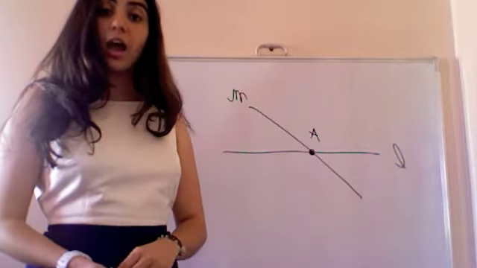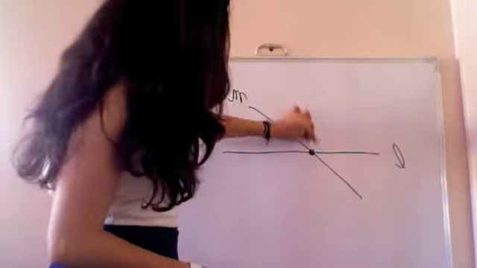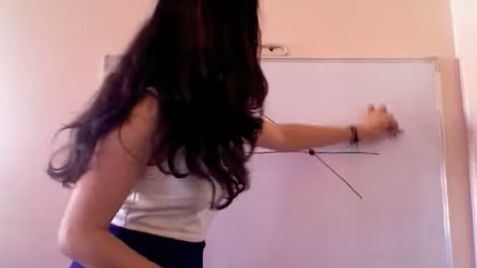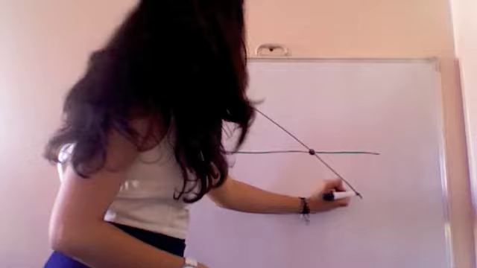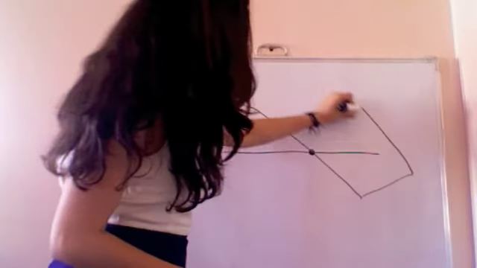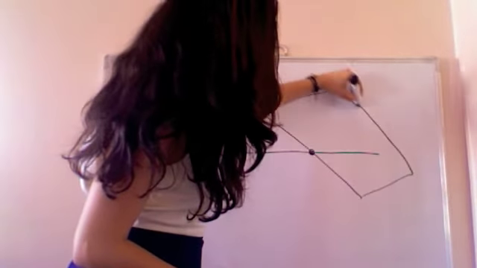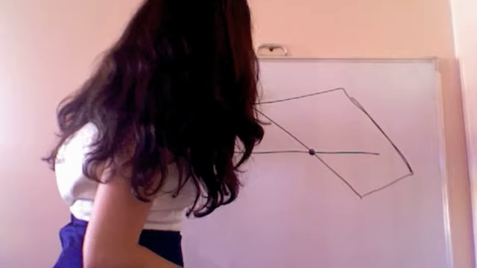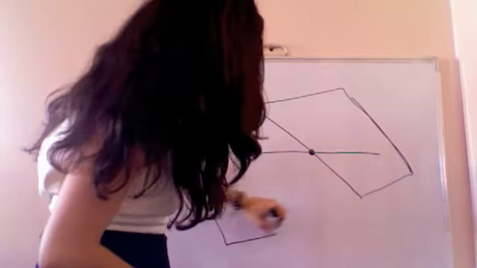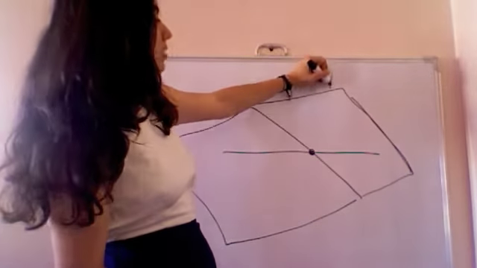There's also the second kind of intersection, an intersection between planes. This is plane H, for example.